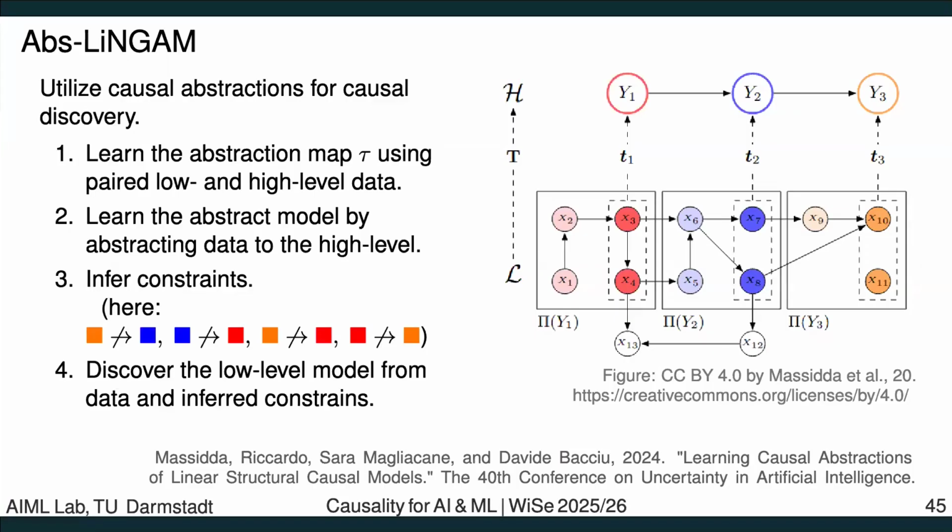And this is exactly what the authors do here. And I just give the high-level idea. So they assume, I believe, a linear mapping between the low and high level. I'm not sure if this is required all of the time, but they prove some sort of theories with it.